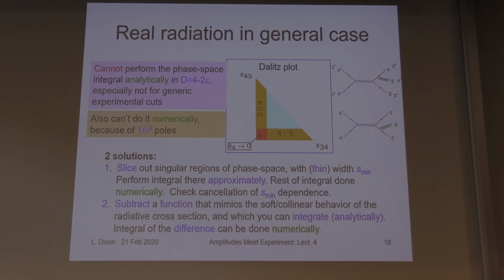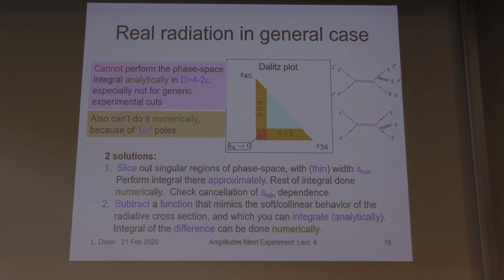And so here's a picture of the phase space integration that we did in the Drell-Yan case, just to guide your eye. You remember we had S34 and S45. There was also S35, but it had to sum up to S1. But there was a constraint on the sum of S34 and S45.